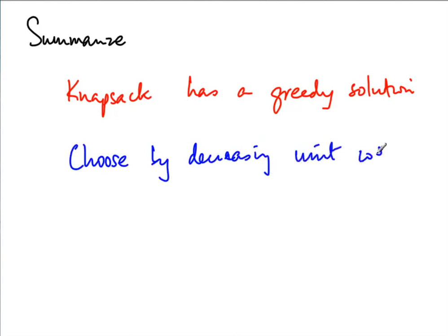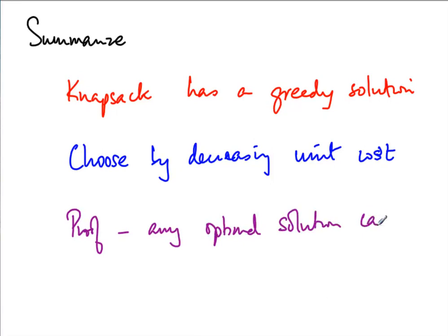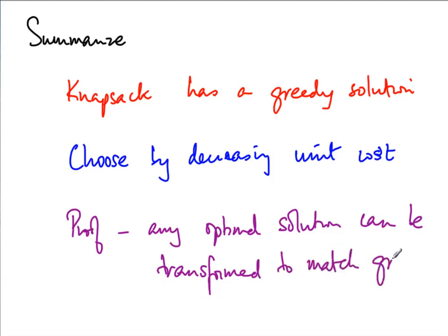So you start with the one with the highest unit cost and so on. And we showed a proof that any optimal solution can be transformed to match the greedy solution. Okay, and this is why the greedy solution is in fact optimal. So this completes the discussion about knapsack.